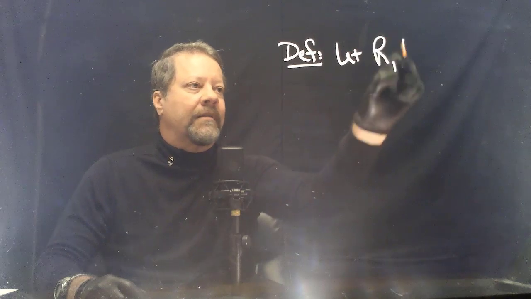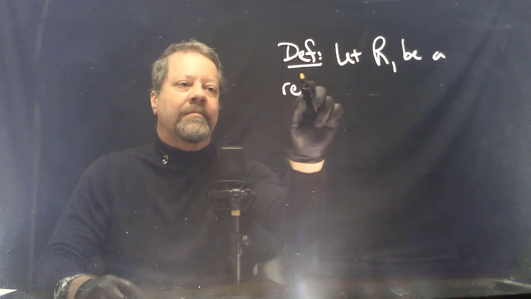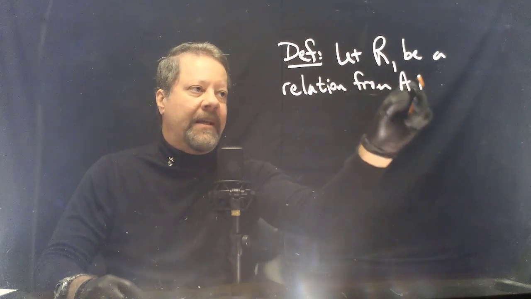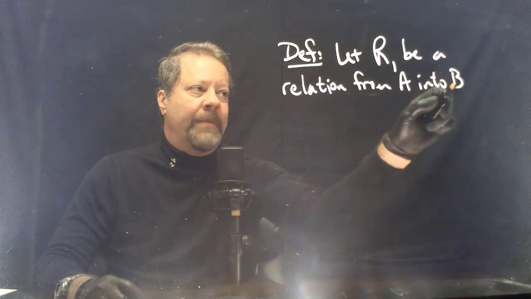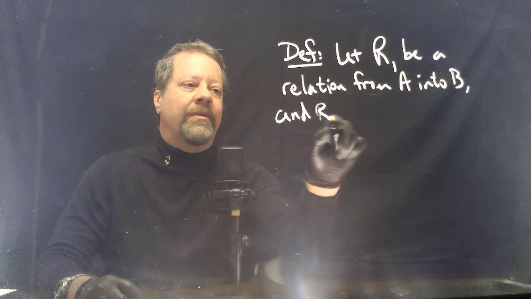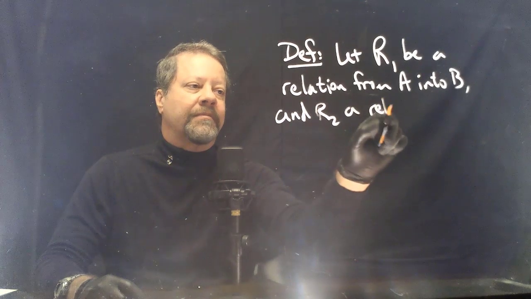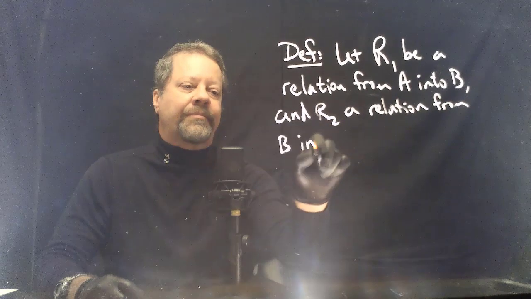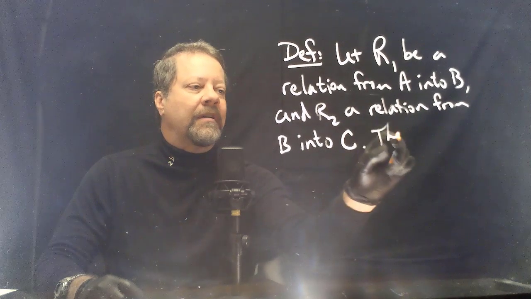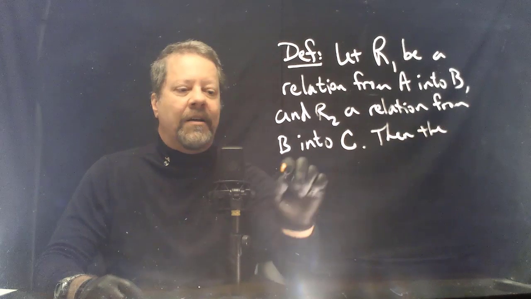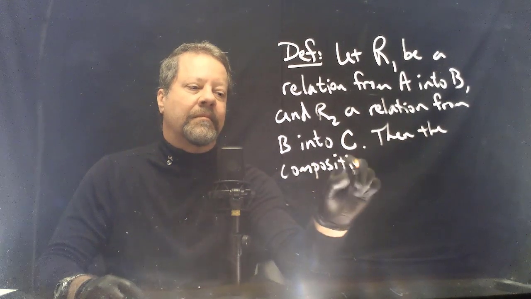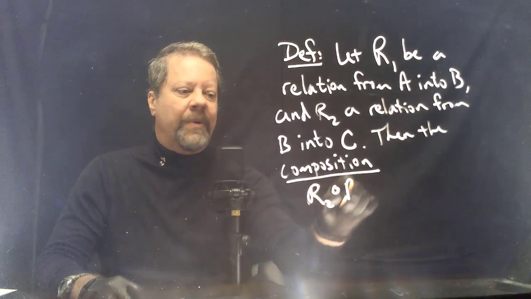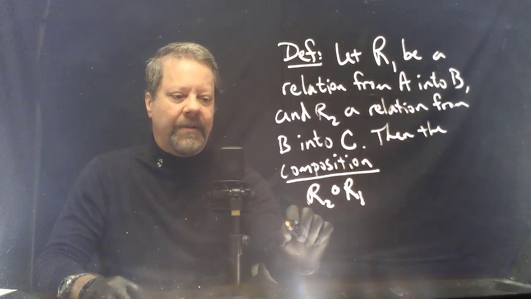Let R1 be a relation from A into B, and R2 a relation from B into C. Then the composition R2 composed with R1 is defined as follows.